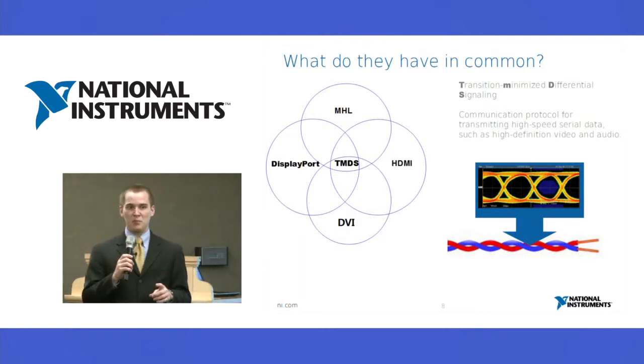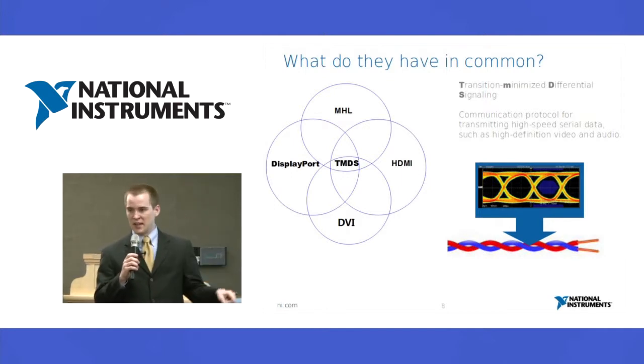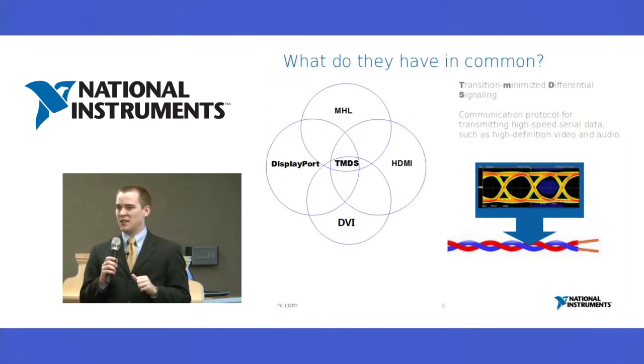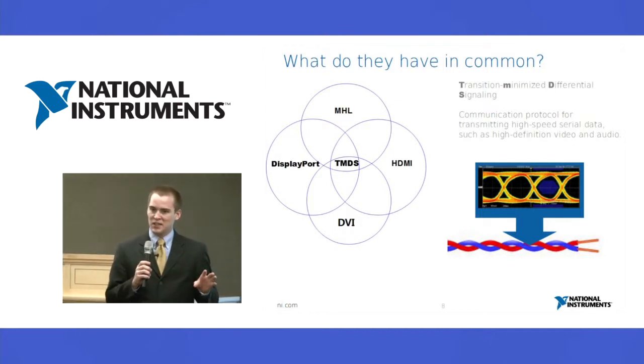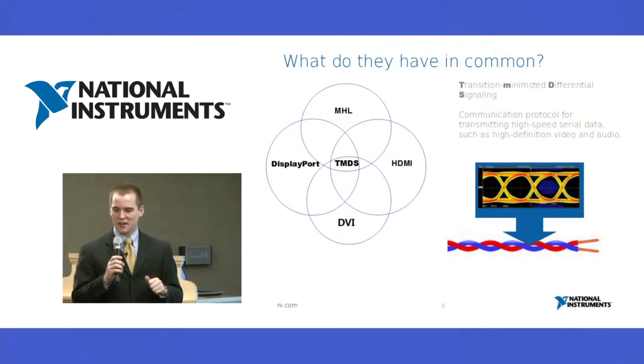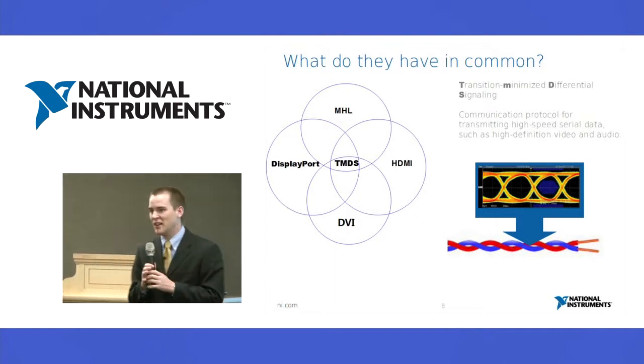I'll repeat that. 1080p, 1920 by 1080, at 60 frames per second is half a gigabyte of data a second. So you are moving an immense amount of information every second that you're using a high definition display, right?